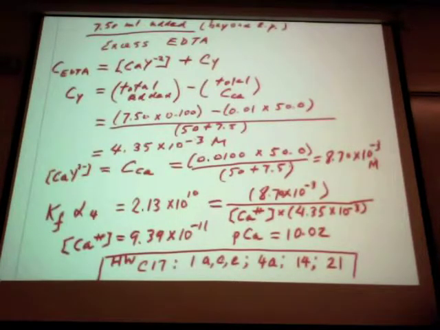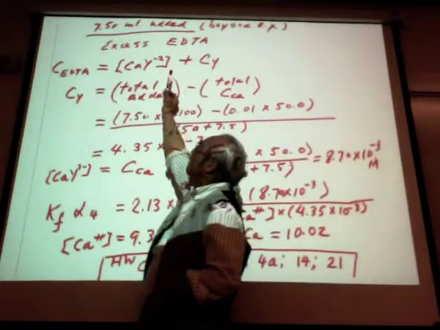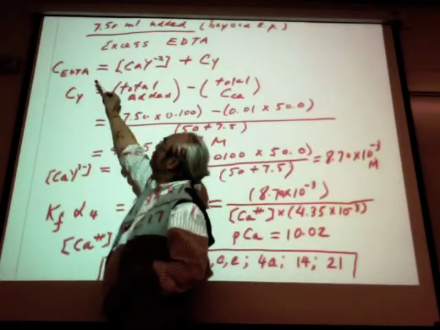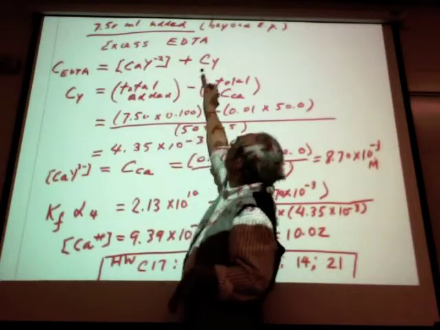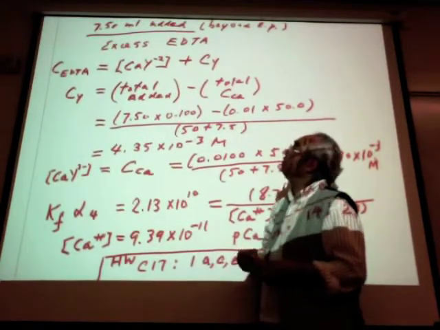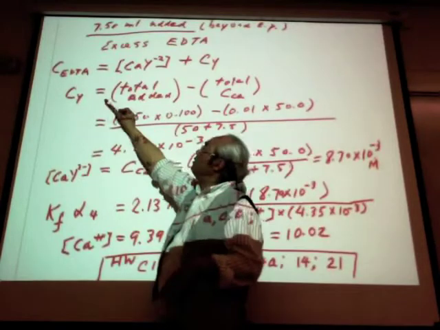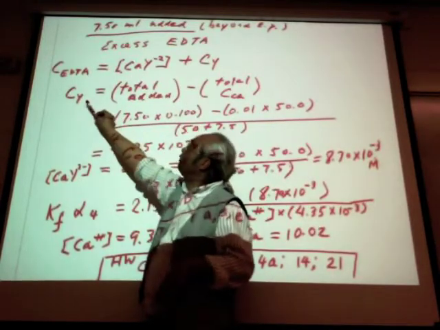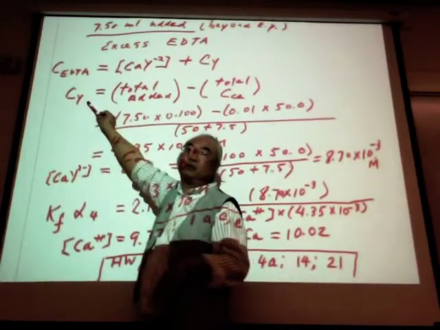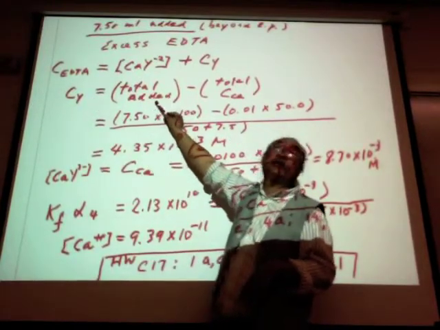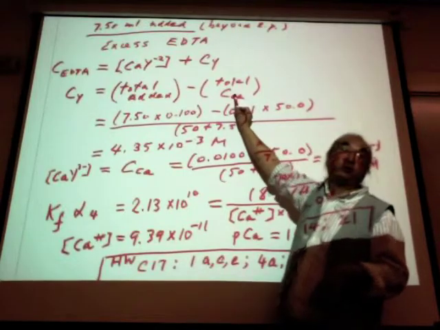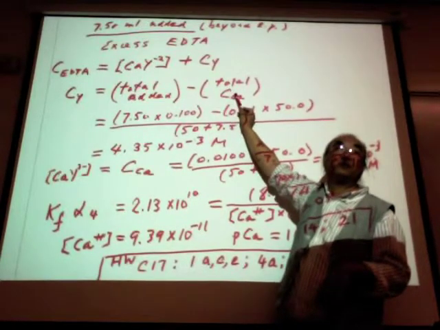Now, beyond the endpoint, we understand we have excess EDTA, right? So the total EDTA is equal to the complex plus those not complexed. So now, what about at equilibrium, the excess, the not complexed? The total is equal to the total EDTA that you add minus those that react with all the calcium to form the complex.